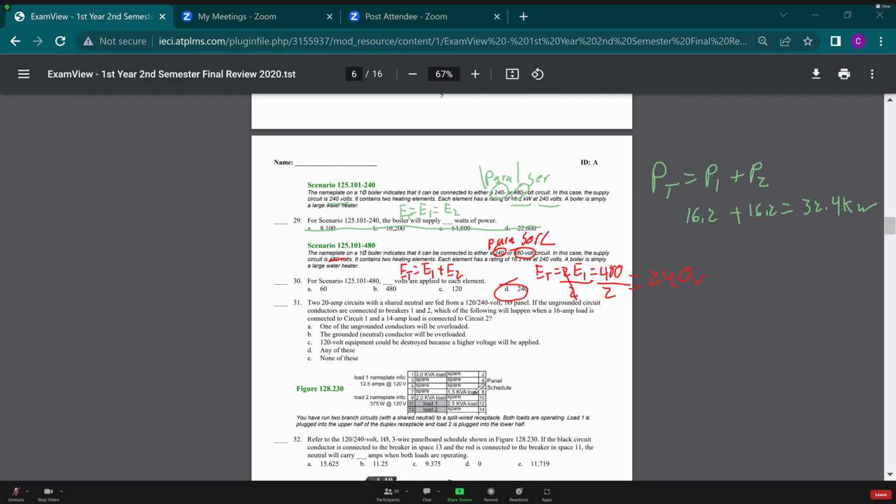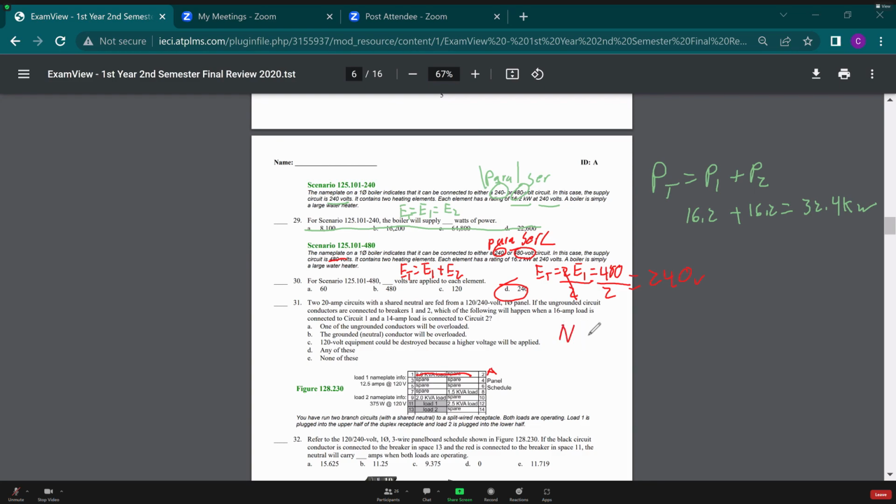All right, I'm going to use this little panel schedule down here at the bottom to help explain. So circuit 1 and circuit 2 are both on A phase, right? If they're both on A phase, we can take a look at what's going to happen to the neutral.